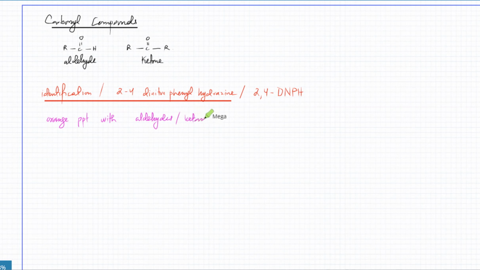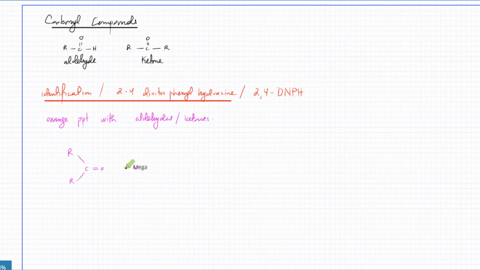Sometimes, very rarely, they also ask for the equation or the formula of this reagent. Now, this is what happens. Say you have a ketone, C double bond O. 2,4-DNPH is this molecule.